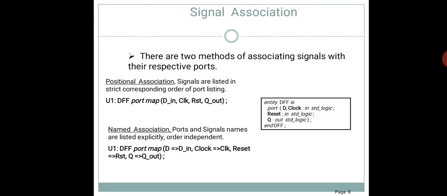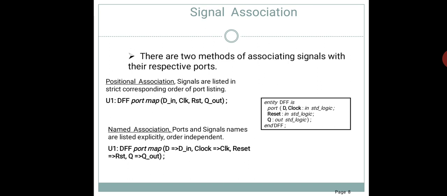D in will be matched with the first input, clock with the second input, reset with the third input, and Q with the output. So this association is called positional association. Position is very important, so signals are mapped according to the position.